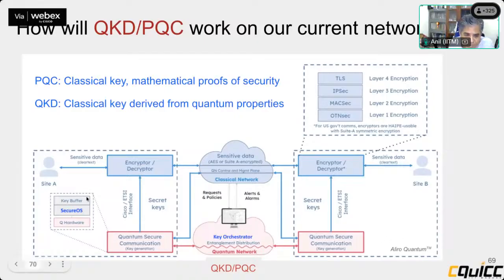You notice the breakup where there's a key buffer, a secure OS, and quantum hardware. So the SDN can control a lot of what is happening on either side, and that comes into this key orchestrator itself. I hope that's reasonably clear.